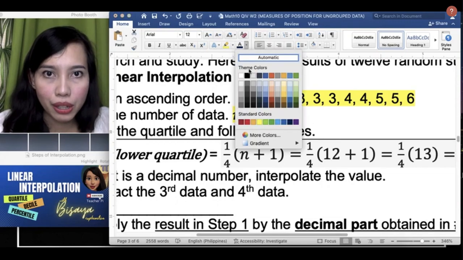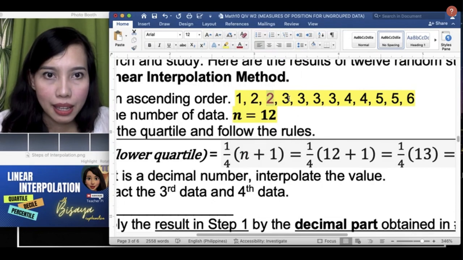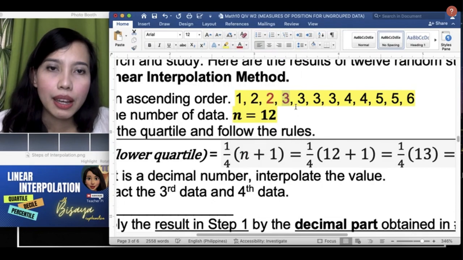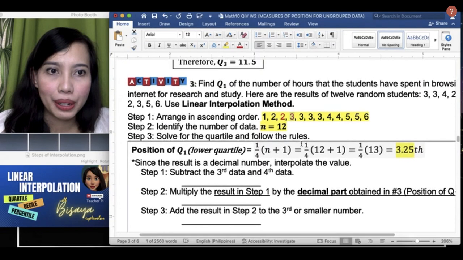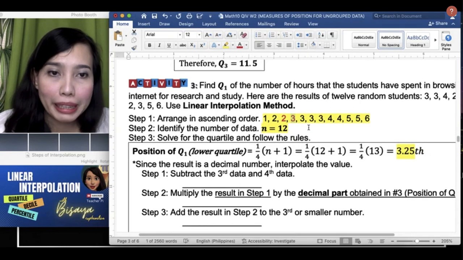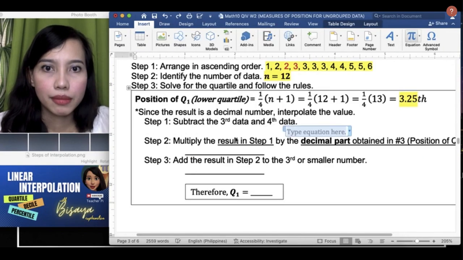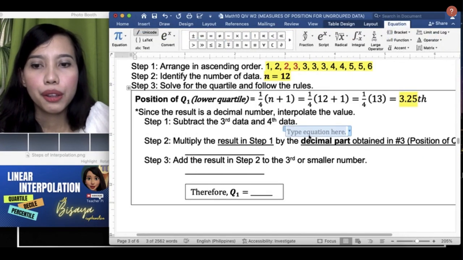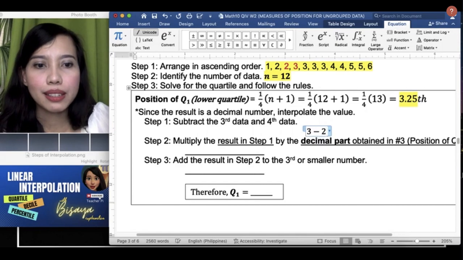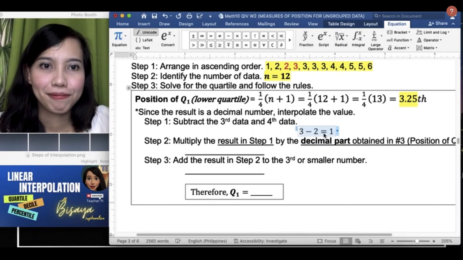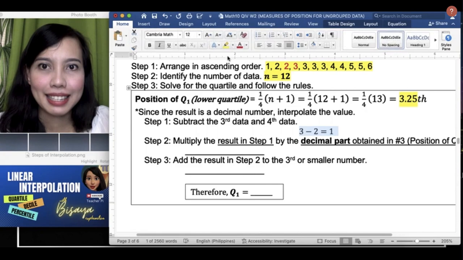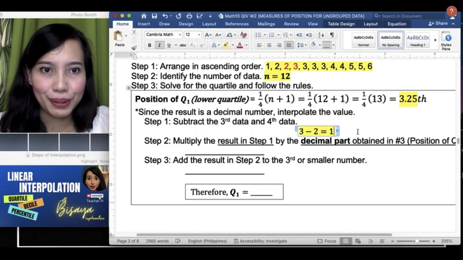Let's just color this with red. And then 3. 2 is the third number and 3 is the fourth number. Muna ikatulo ug ikaupat na number. So how do we do that? We subtract. Okay. 3 minus 2 is just 1.